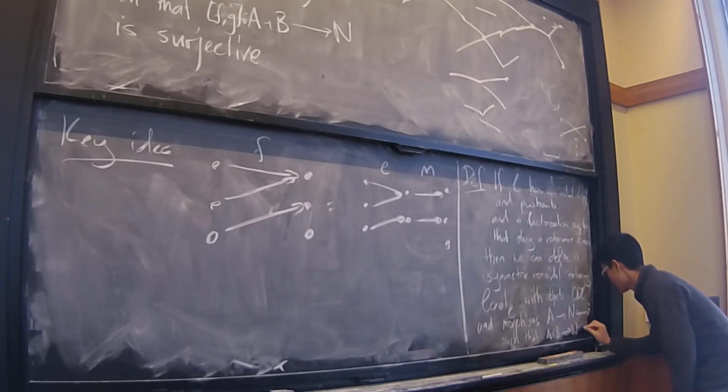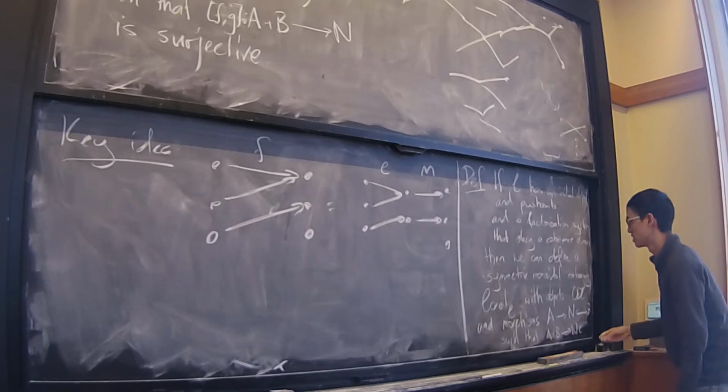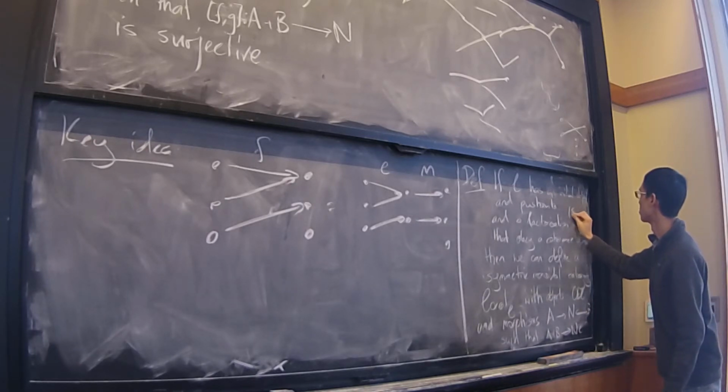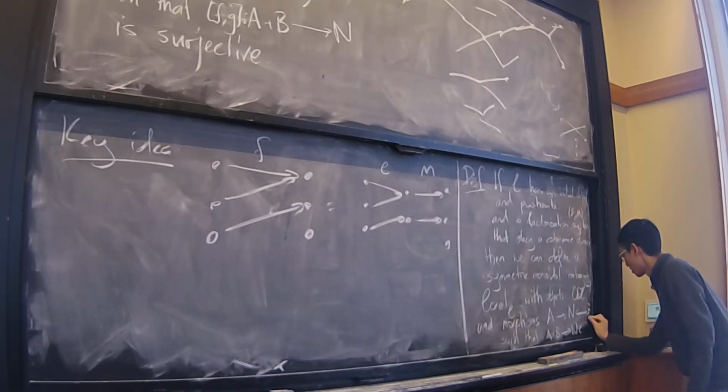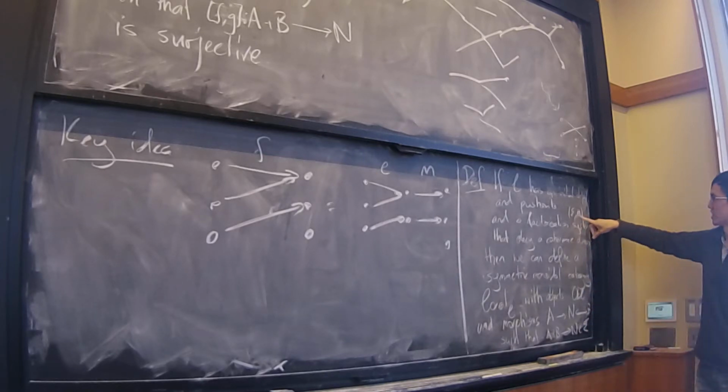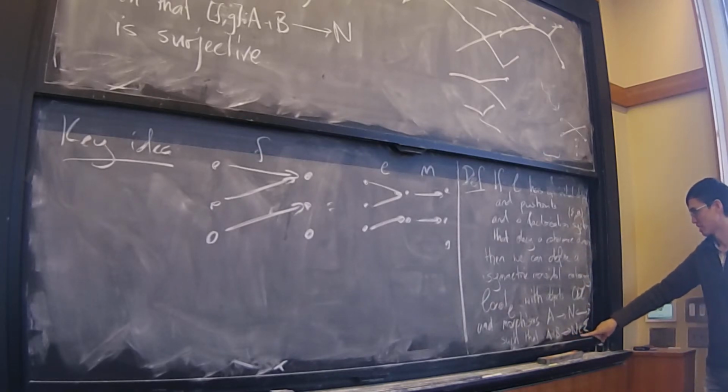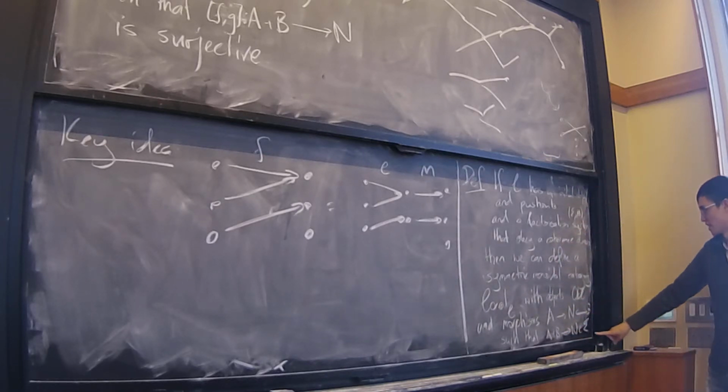So A plus B to N, the factorization system E, M such that this copair exists in this side.